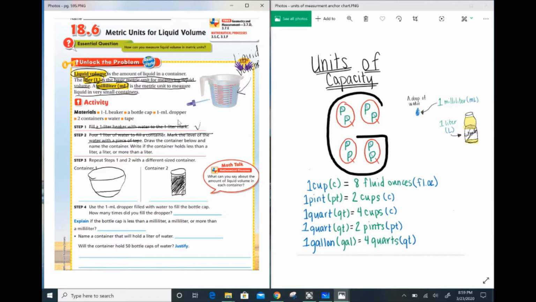That was my liquid volume. And that's the amount that was in that one. So this one was a container, and this one right here was a cup.